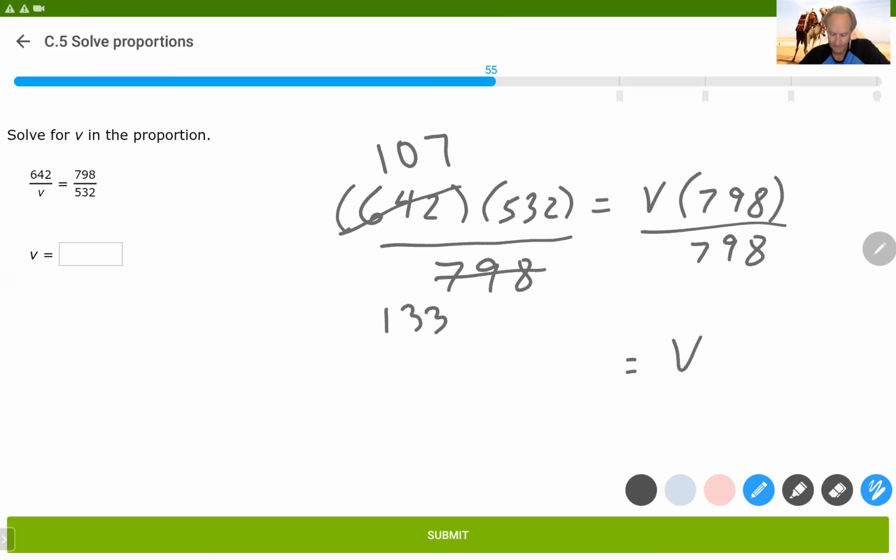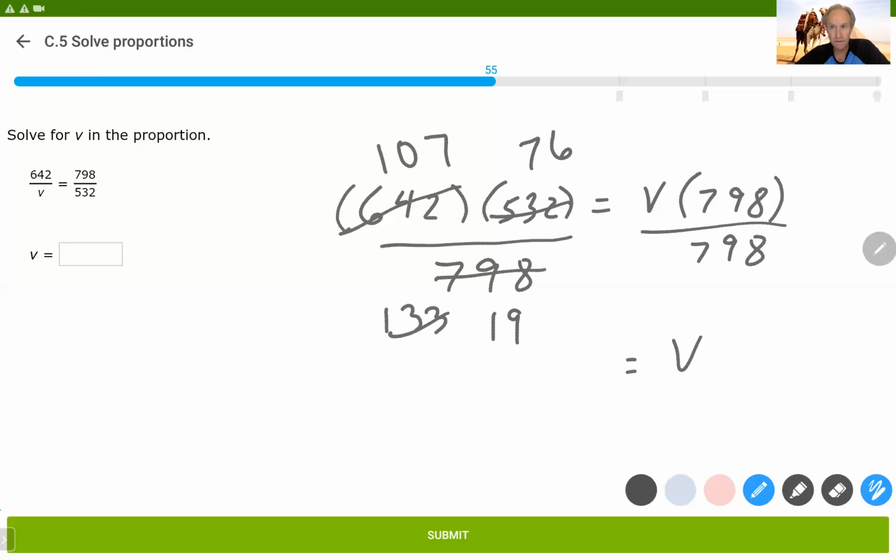Okay, a couple of things I'm going to think about. 3 is not a divisor for any of these. So I'm going to probably try to guess that 7 might work. 7 might go into 532, and it does. 7 goes into 532 76 times, and 7 goes into 133 19 times.